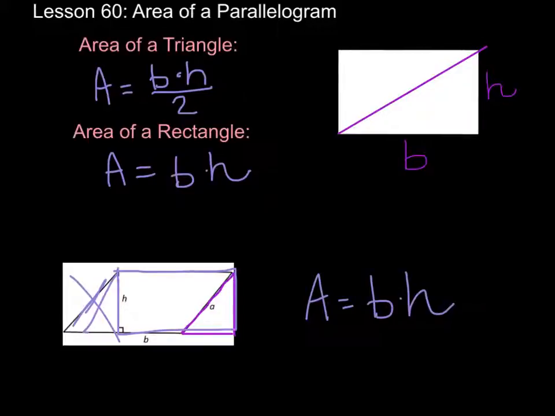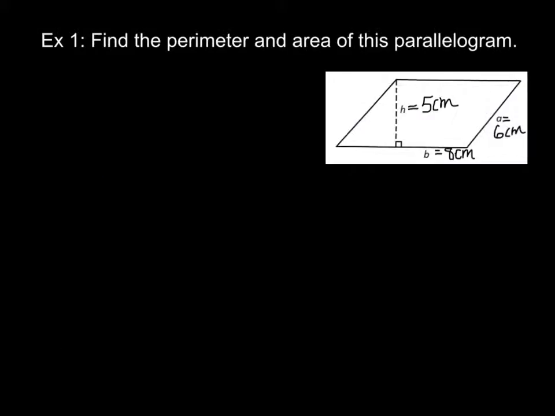Let's take a look at example 1. Example 1 says find the perimeter and area of this parallelogram. Perimeter, remember, we're just walking along the outside edge of the figure. If the bottom right here is 8 centimeters, we know then the top is 8 centimeters as well. If the side here is 6 centimeters, then we know the other side is the same length, so that is also 6 centimeters.